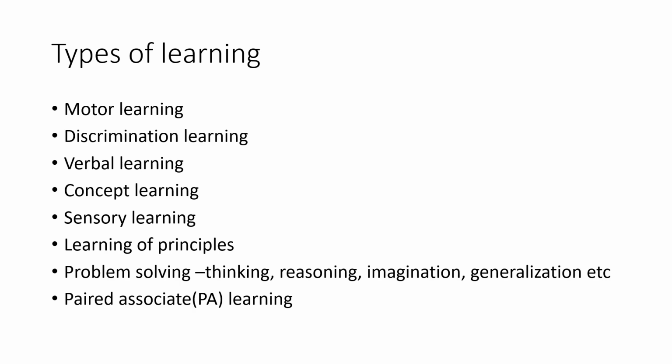And the next one is paired associate learning, PA learning. Simply, PA learning is something where you associate two words together, a kind of stimulus response. So when you are provided with a word or a name, let's take an example. When I say Sachin Tendulkar, suddenly the word cricket comes to mind. Or when you say one of your aunt's names, then suddenly you remember your uncle's name.